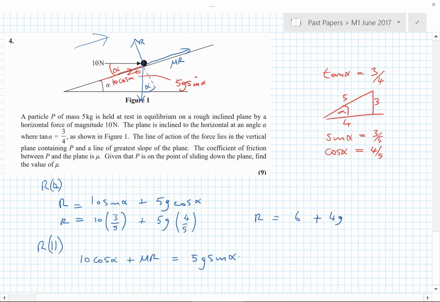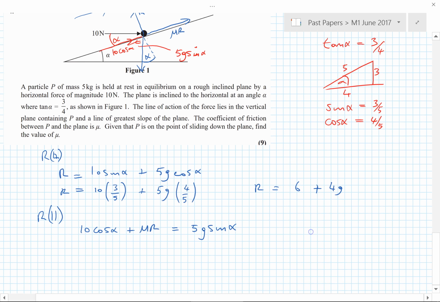Okay, so we can hopefully manipulate all this and quickly get a value for mu. So let's just do that. Let's put in the 4 and 5 first of all. So 10 cos alpha is 10 times 4 over 5, plus mu R. Let's not do the substitution yet.